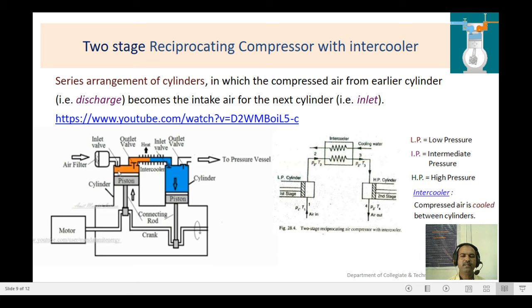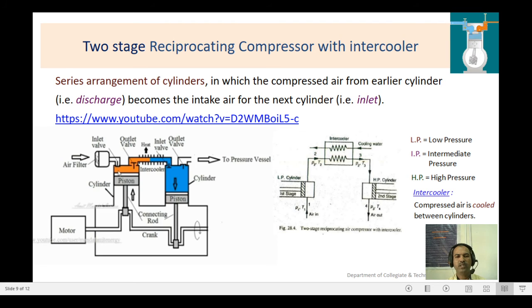Now the question arises: what is the importance of using a multi-stage reciprocating air compressor? Yes, it is very important. Students, when we use a single stage air compressor for compressing to a high pressure ratio, the work done required is very high. But if you consider a multi-stage compressor, the work done is reduced. Why? Because here we are using two cylinders.